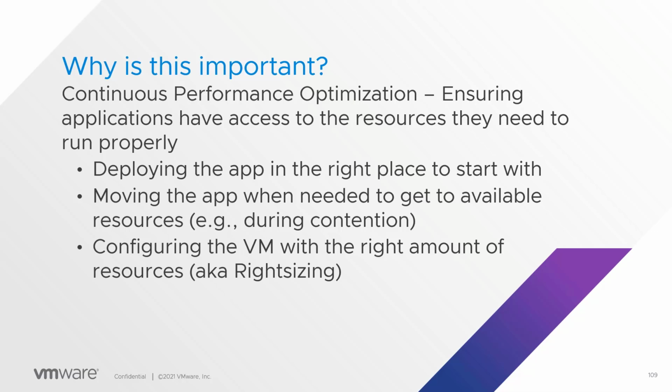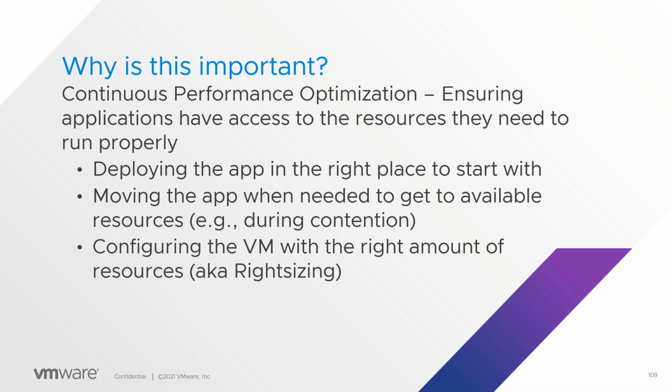So if we've got a lot of contention on a host or a cluster, how do we pick that application up and move it somewhere else where it can get it? But it's also configuring the VM to have the necessary RAM and CPU requirements, maybe even reservations associated with it so that it can get a hold of those resources when it needs them. And that would be kind of under the right sizing piece, if you will.